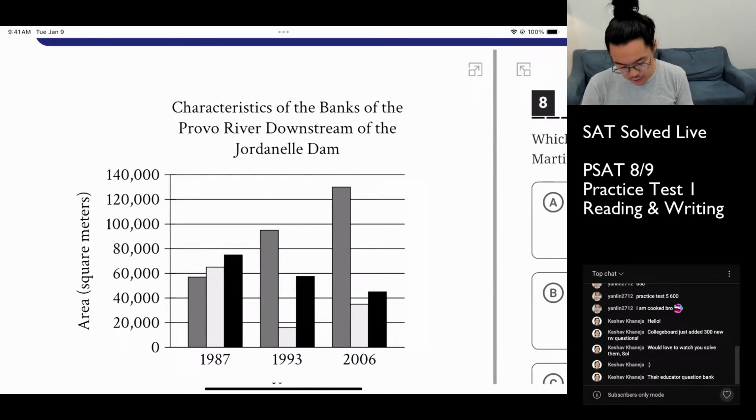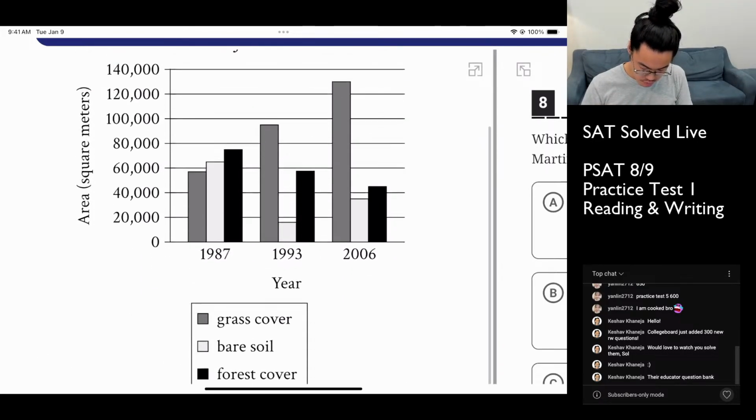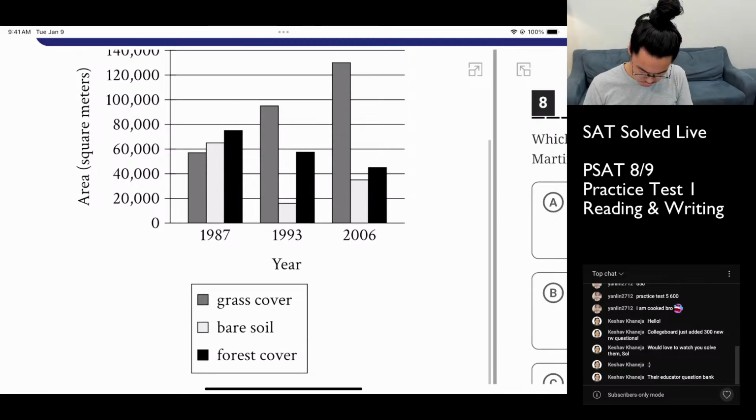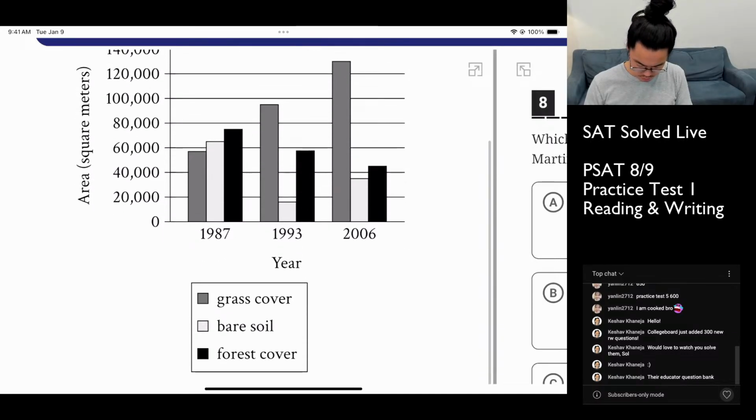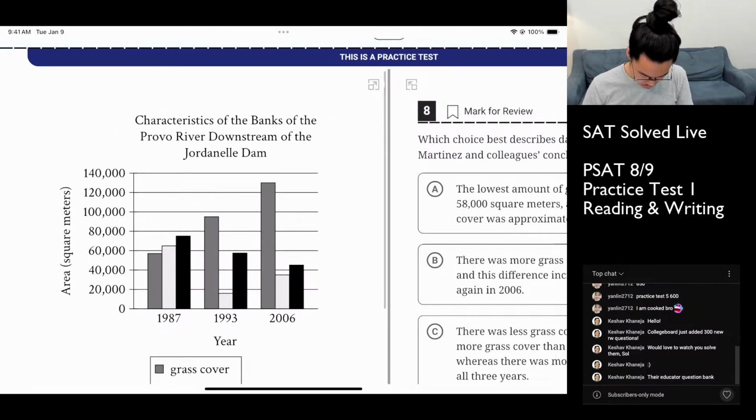Characteristics of the banks of Provo River downstream. Downstream of the Jordanelle. Okay, Provo downstream of Jordanelle. I don't see any obvious trends other than grass cover kept going up and forest cover kept going down over the years.